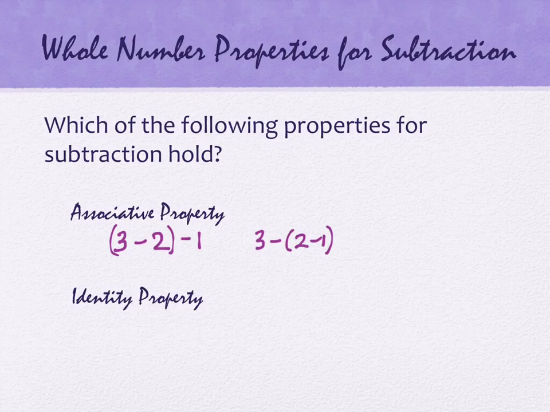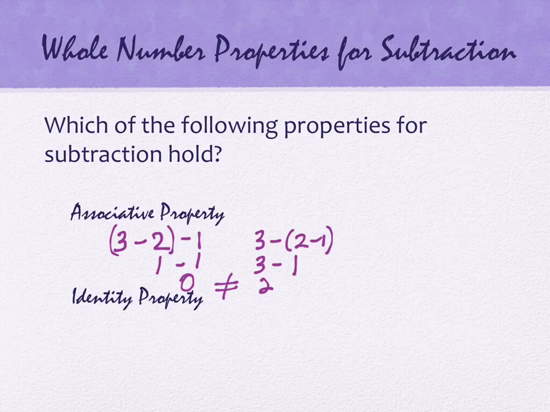But I have to do order of operations, meaning the parentheses happen first. On the left-hand side, 3 minus 2 is 1, and then 1 minus 1 is 0. On the right-hand side, I have to do the 2 minus 1 first. So 2 minus 1 is 1, and 3 minus 1 is 2. So those are not the same. So we don't get the associative property for subtraction either.